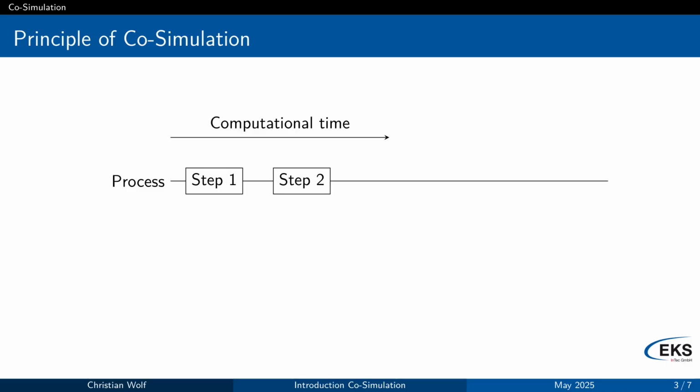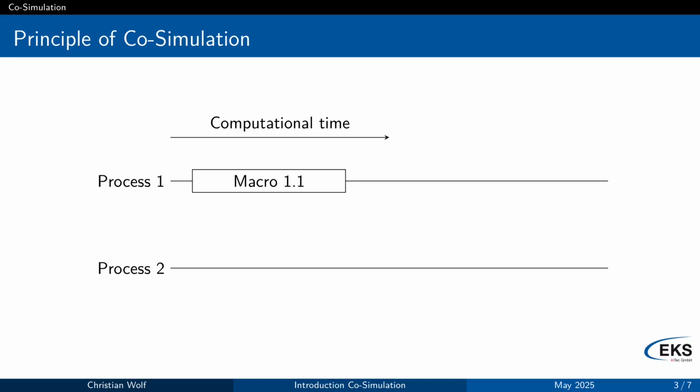You do another step and another step and another step and so on. And by appending these steps one to each other, you get complete integration results. So this is the single step non-co-simulation stuff, so to call. Just to repeat that. Now let's get into the co-simulation.